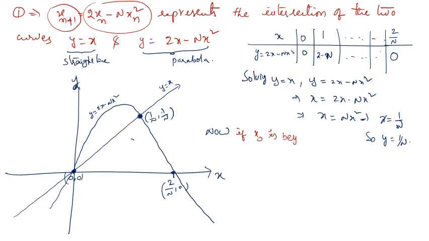Now if x naught is beyond 2 by n, that means this side, then the root diverges, meaning not tending to the exact root xi.